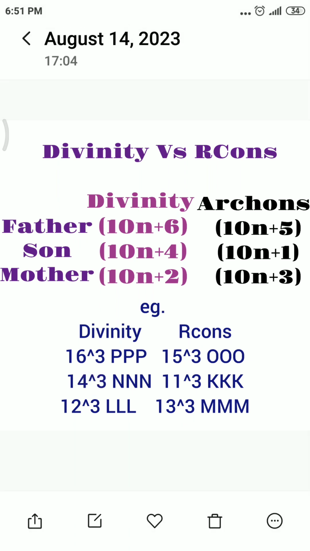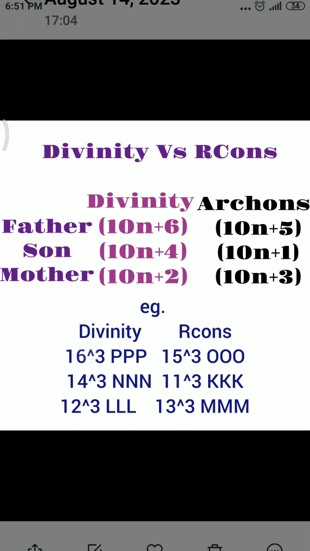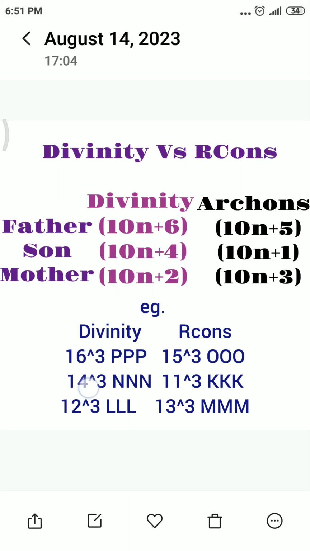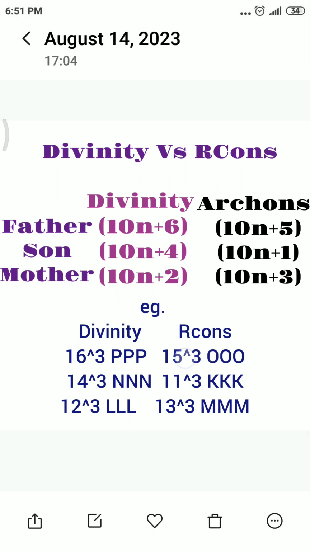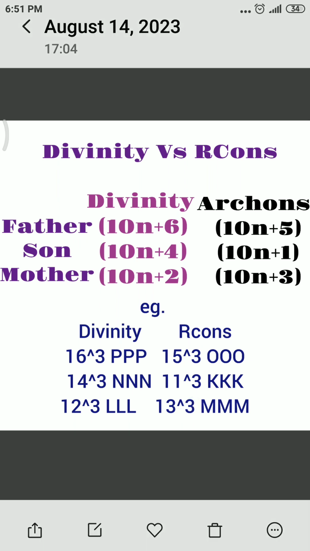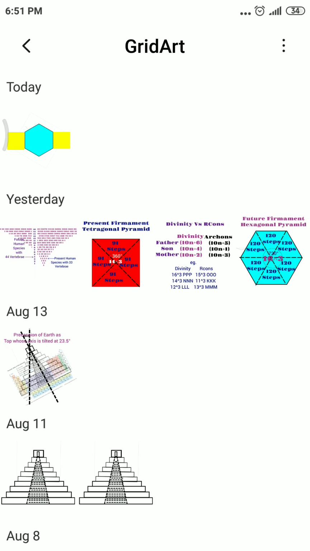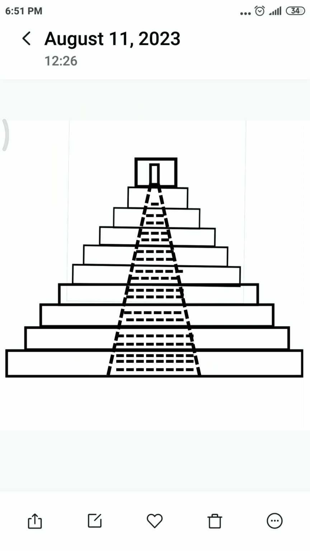So the divine man, this is the God figure here. This is the son of God. This is the mother figure. And here you have, this is the father figure is 15 cube, son figure is 11 cube, and mother figure is 13 cube. So 13 cube obviously represents these 13 steps, 13 into 7, 91.